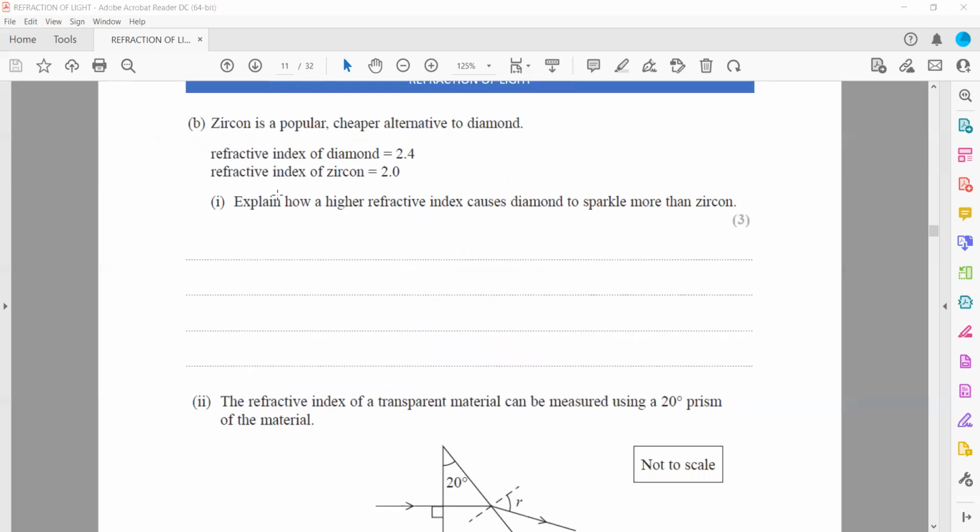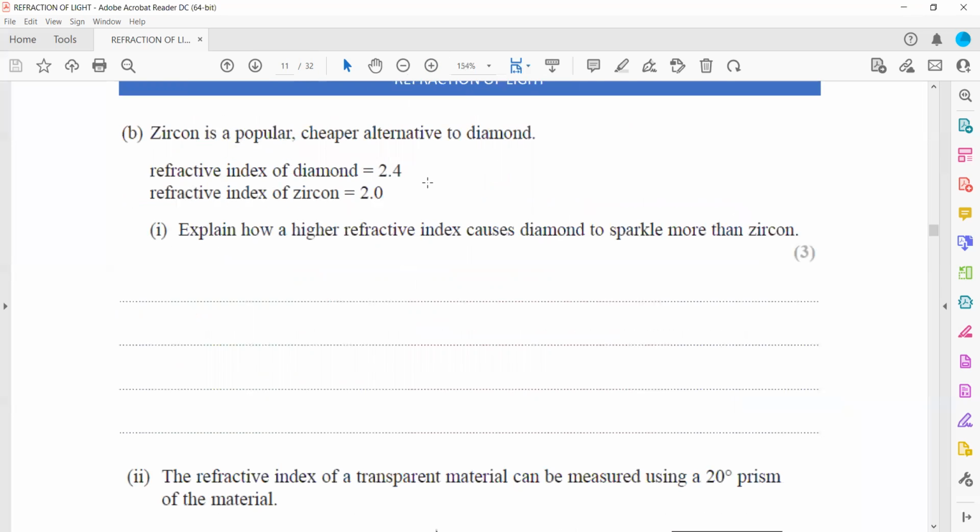Then zircon is a popular, cheaper alternative to diamond. The refractive index of diamond is 2.4, whereas zircon is 2. Explain how a higher refractive index causes diamond to sparkle more than zircon. So basically, a higher refractive index means a smaller critical angle. A smaller critical angle means that for a greater range of angles of incidence, reflection can take place. Because for the refractive index and the critical angle, we have n equals 1 over sine C. So if the refractive index is high, the critical angle will be small.